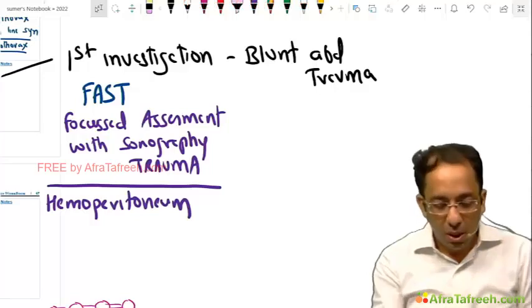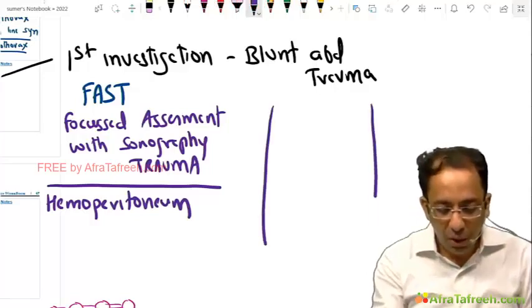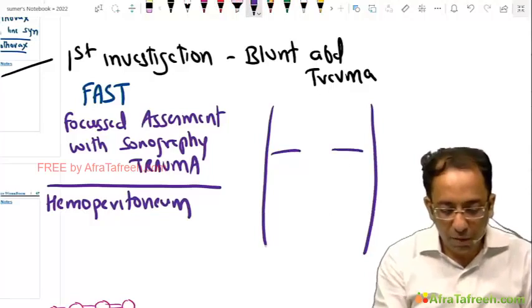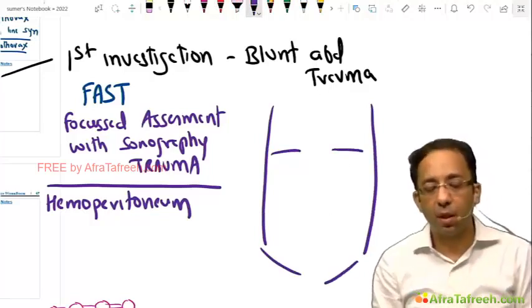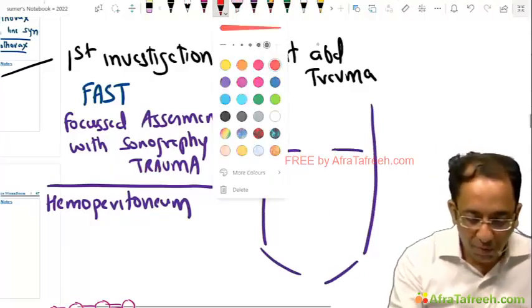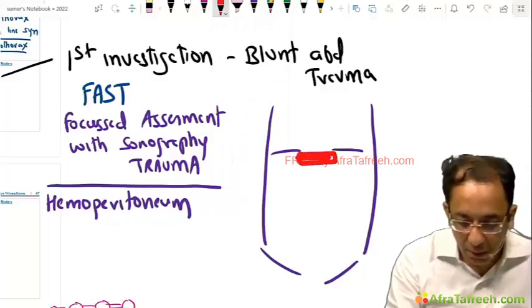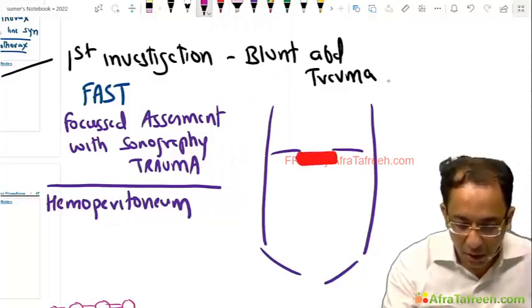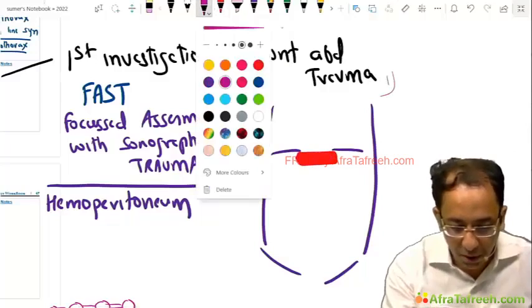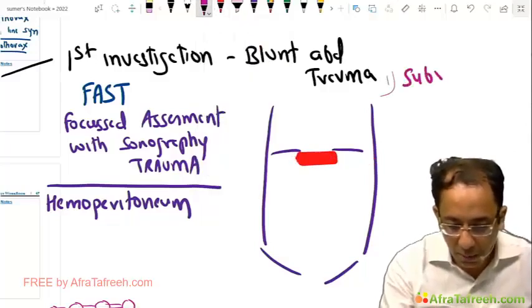In the classical FAST, we keep the probe in 4 locations. We keep the ultrasound probe first in the epigastrium in the subxiphoid area. So where do we keep the probe first? In the subxiphoid area.